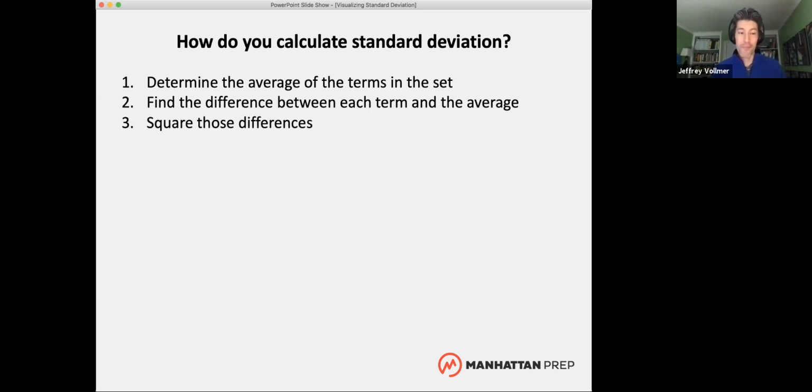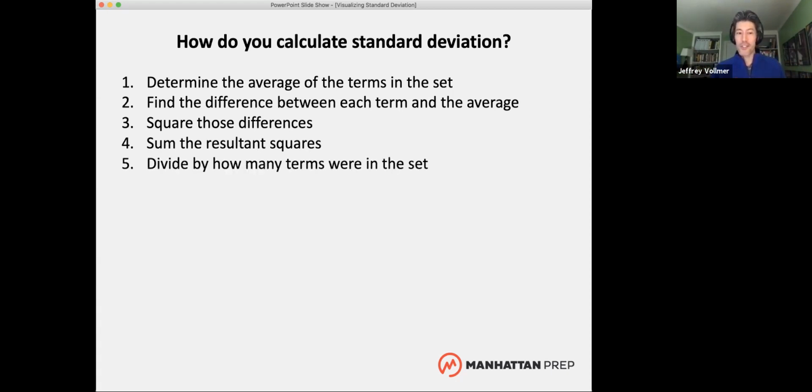After we square them, we are going to add up all those squared values, sum them up, and divide by how many terms we had. So steps 4 and 5 basically amount to finding the average size of the squares. And then after we found the average size of those squared differences, we are going to take the square root.